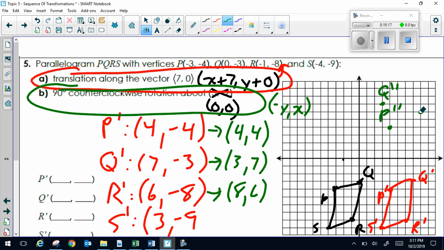So that is R double prime. And S now would be at positive 9, comma 3. Which would be right there. So you can see it's physically turned now a little bit.